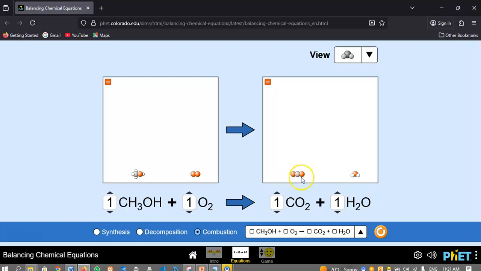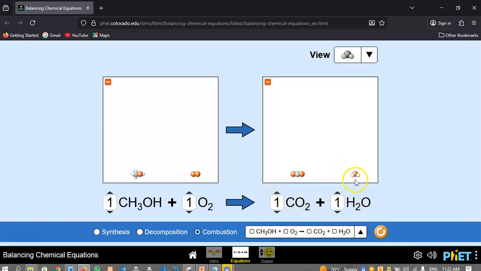Oxygen has 2 atoms here. Oxygen has 1 atom. What does it mean? You have to first realize, red color represents what? Oxygen atoms, isn't it? White color represents what? Hydrogen atoms. Gray color represents what? Carbon atoms. Then you count, isn't it?